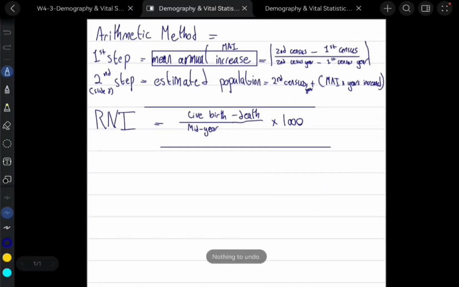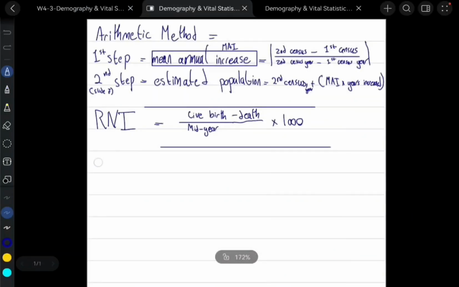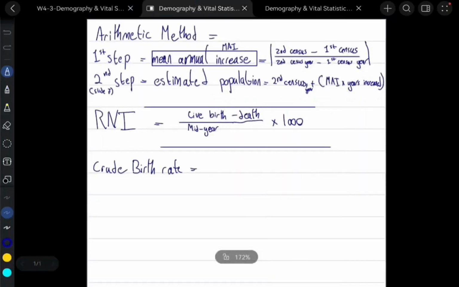So crude birth rate equals live birth over mid-year times 1,000.